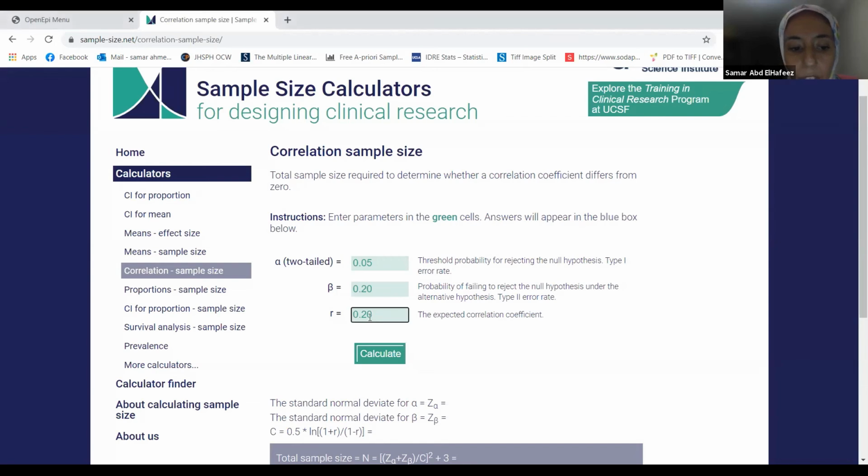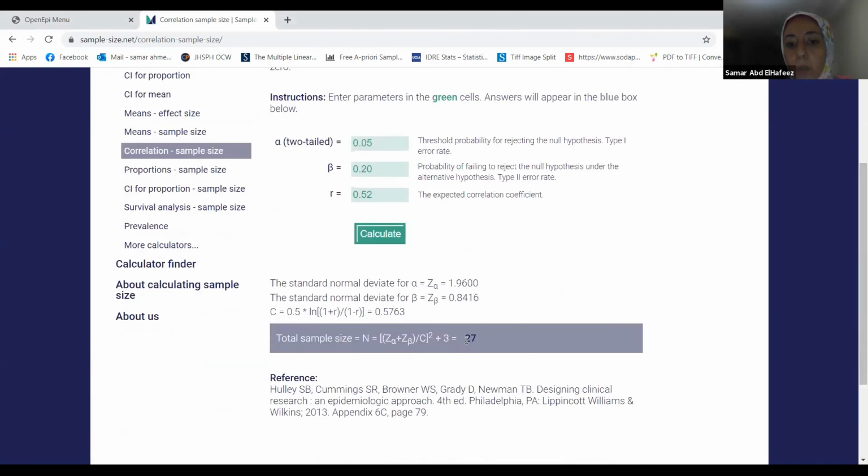The correlation coefficient in my example was 0.52. Then I need to calculate the sample size. It's here 27. So the total sample size to detect a correlation coefficient of 0.52 is 27. Okay.